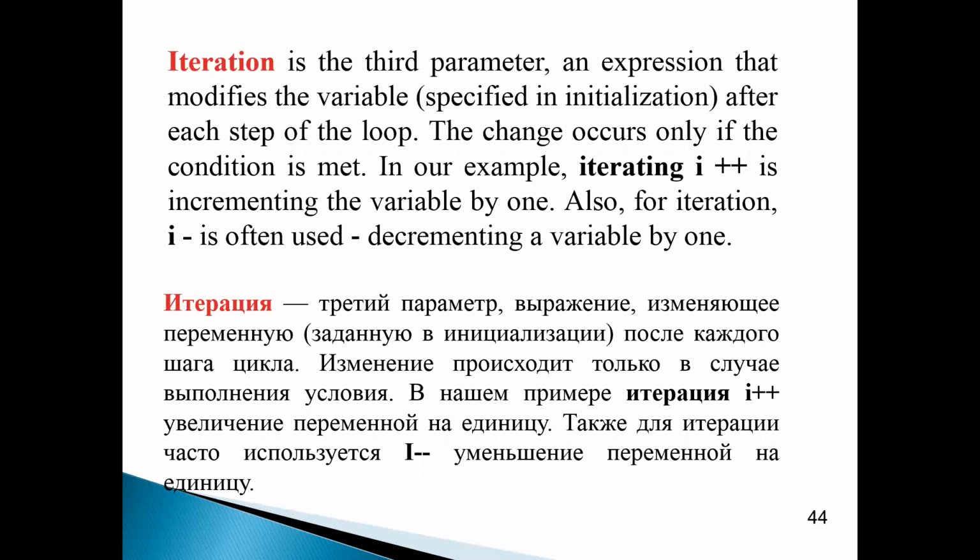The change occurs only if the condition is met. In our example, iteration i double plus is incrementing the variable by 1. Also, for iteration, it is often used decrementing a variable by 1.